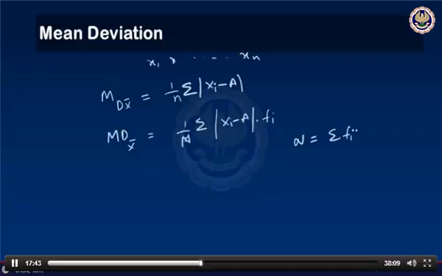In most cases, we take the mean or median as the average, and accordingly we get mean deviation about the mean or mean deviation about the median.